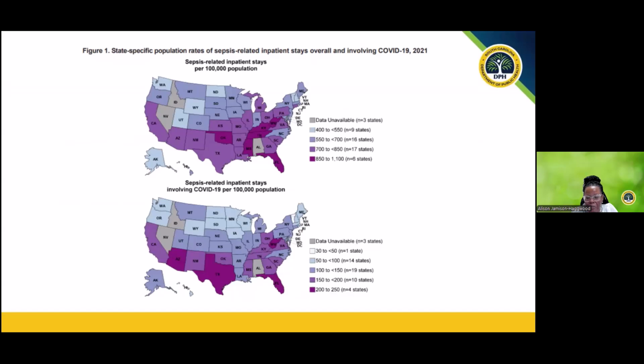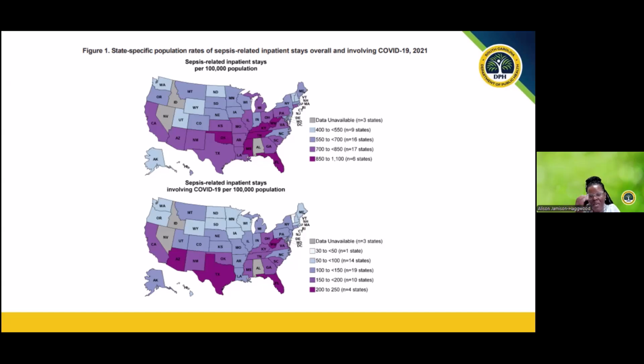And so the state-specific rates of sepsis-related inpatient stays and the subset of sepsis-related inpatient stays involving a diagnosis of COVID-19 was per 100,000 population in 2021. Just note that the population rate of sepsis-related inpatient stays was based on any listed diagnosis of sepsis.